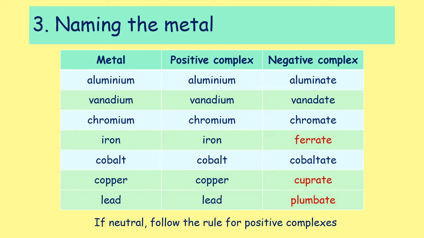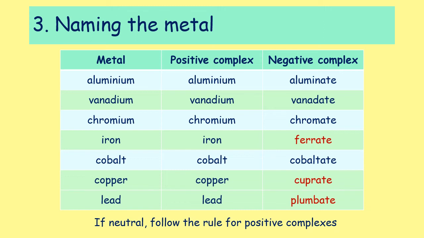Now the third rule is naming the metal. Now the good news is that the name of the metal doesn't change if your complex is positively charged or if it's neutral. So if the square brackets describing your complex has a positive charge outside of it, aluminium is aluminium, vanadium is vanadium, chromium is chromium, iron is iron, cobalt is cobalt, etc. However, a lot of transition metal complexes are negatively charged, and if it is negatively charged, the metal name changes.